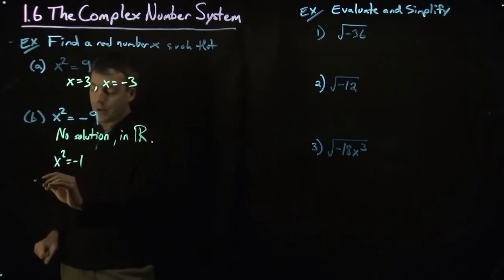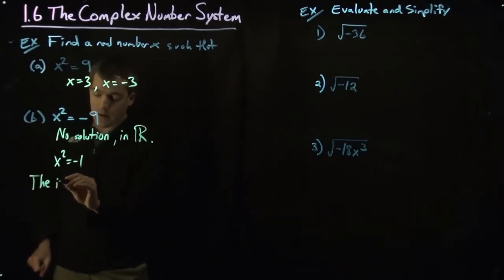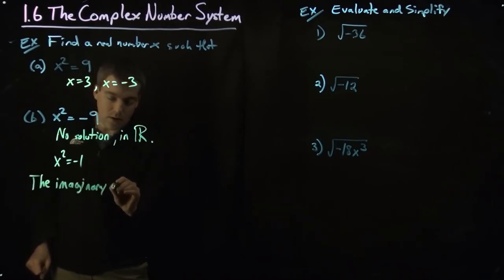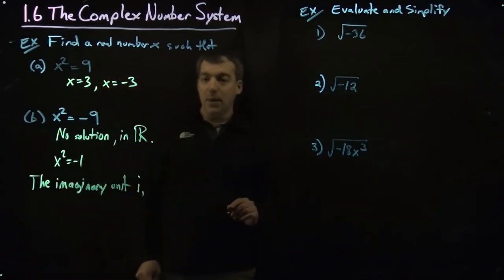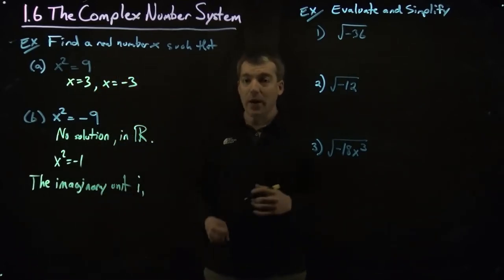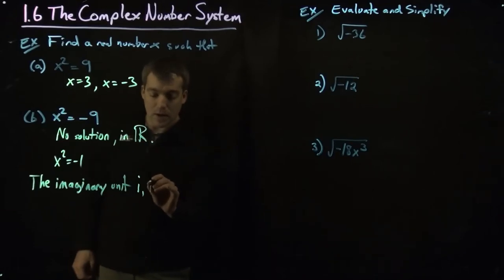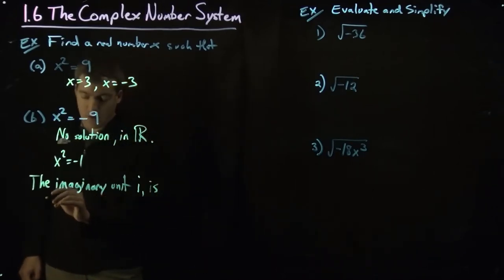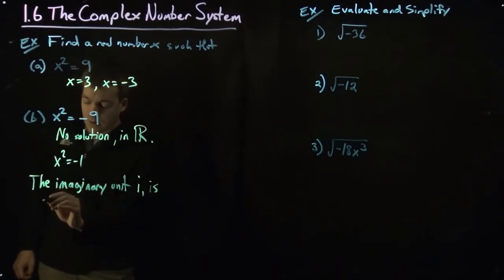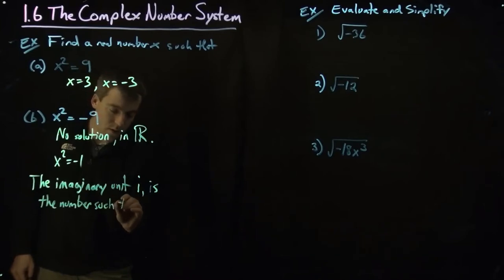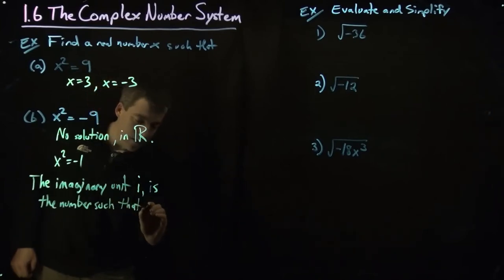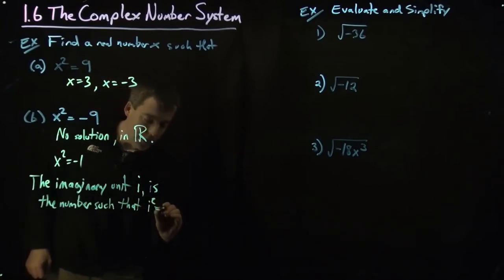So the imaginary unit i is a number such that its square is negative 1. i squared equals negative 1.